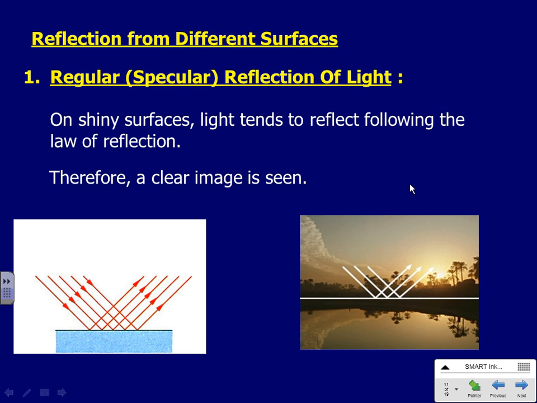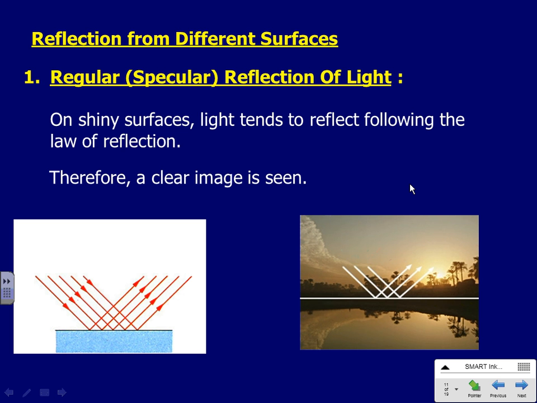So the first type of reflection I want to talk about is something called regular reflection, sometimes called specular reflection, and that's essentially shiny surfaces. On shiny surfaces, light tends to reflect following the law of reflection. Light always reflects following the law of reflection, but because the surface is very smooth, the angles stay very nice.